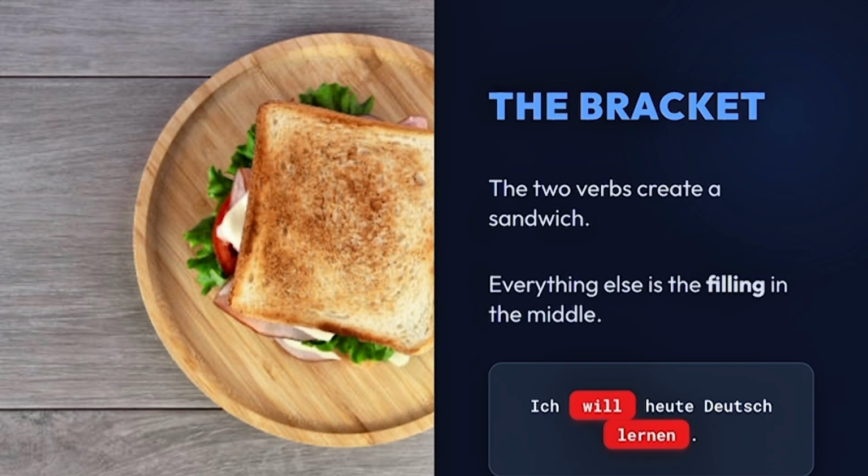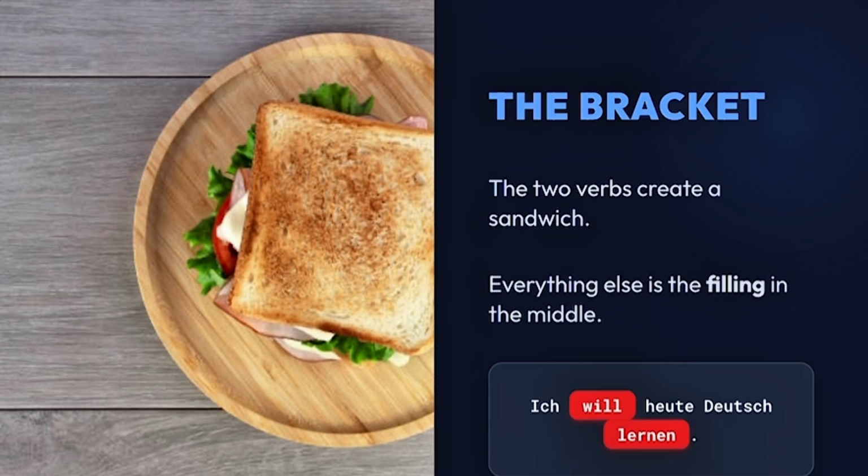For example, we have a sentence. Ich will heute Deutsch lernen. I want, heute Deutsch. Today, German, lernen, to learn. So we do not put lernen, the verb, in the middle of the sentence. We just put it at the very end of the sentence.